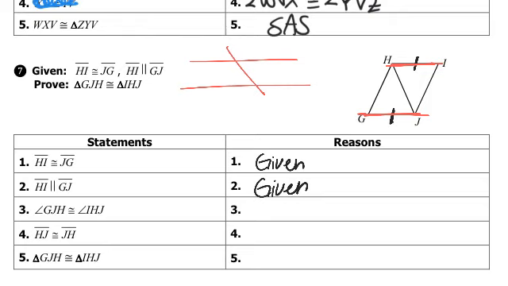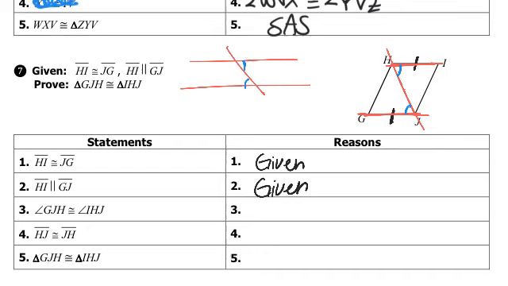So since we have parallel lines cut by a transversal, here's my transversal, I've created some angles that are now congruent. So here, I can say that this angle that I've marked in blue is congruent to this angle. Because if we look, do we see the Z that it makes?